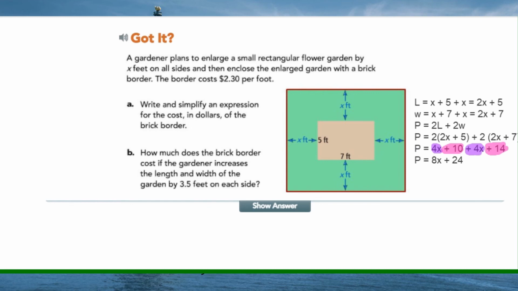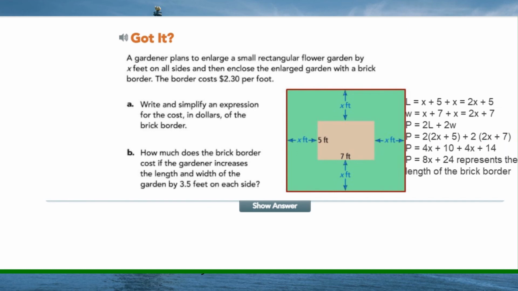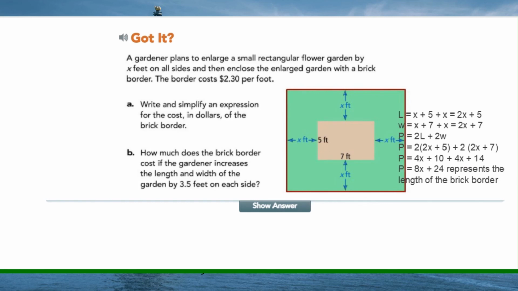Now this does not answer the first part. This just represents the length of the brick border. So now we have to figure out the cost. And we can figure out the cost by multiplying, just like we did in the other problem. We have to multiply the length by the cost per foot, because this represents the length in feet. So $2.30 times the quantity of 8x plus 24.